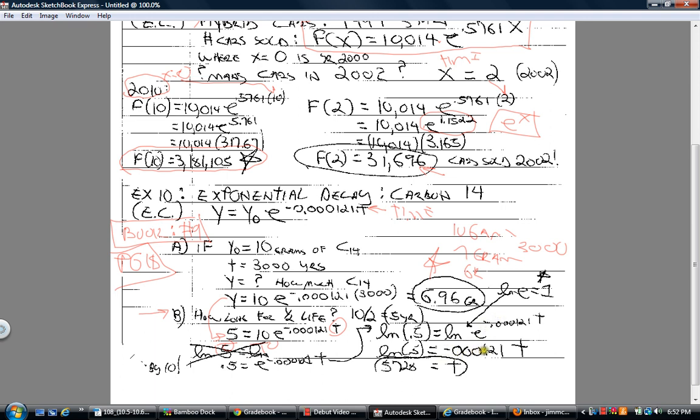So you get 0.000121 T. Divide both sides by that, and you find out your final answer is 5,728 years for that carbon-14 to go from 10 grams to 5 grams.